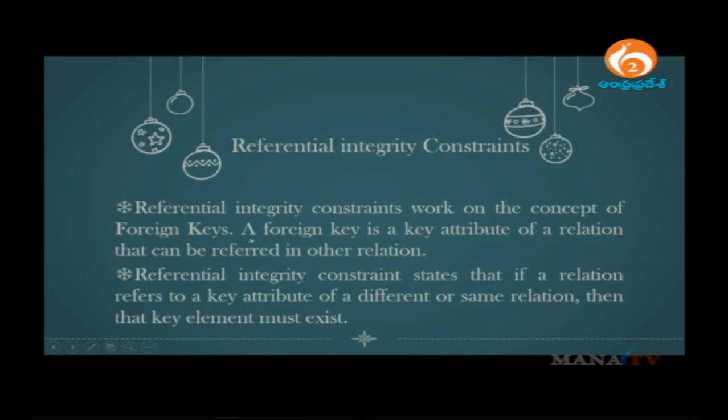A foreign key is a key attribute of a relation that has been referred to in another relation. Referential integrity constraints state that if a relation refers to a key attribute of a different or the same relation, then the key element must exist. What do I mean by that?